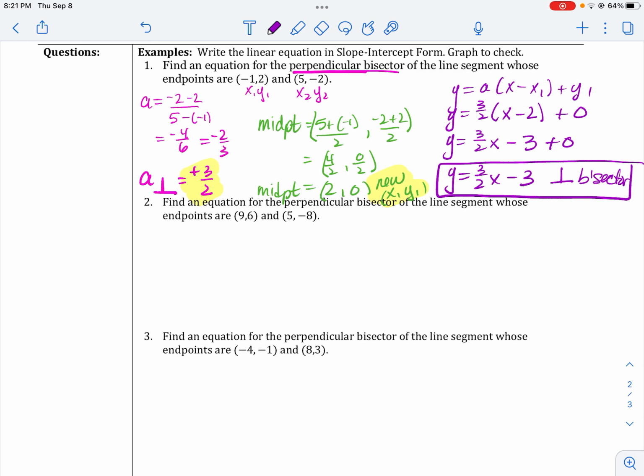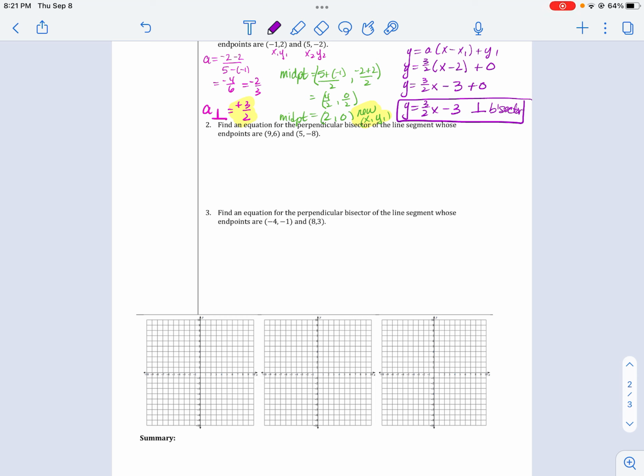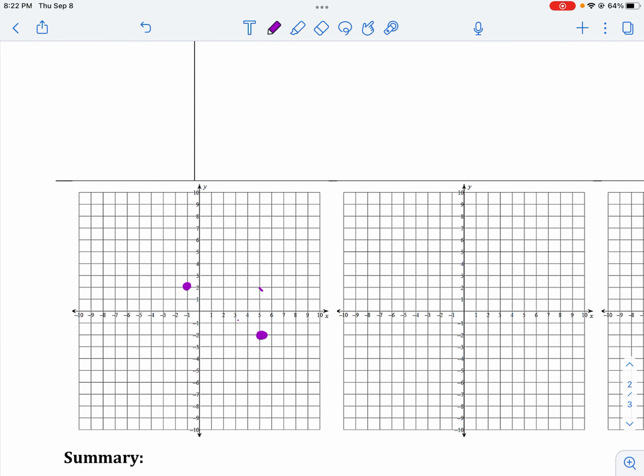So when we go down to the graph, -1, 2. There's the first point. And positive 1, 2, 3, 4, 5, and -2. That's down here. So this is our line segment. This is -1, 2, and this is 5, -2.